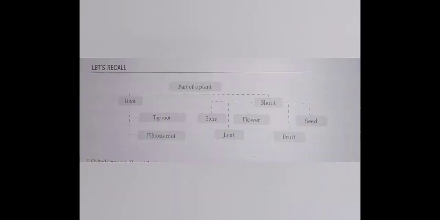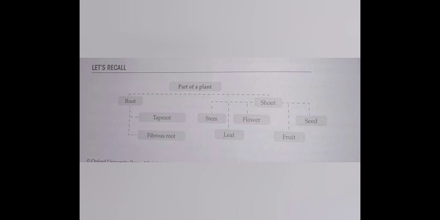Okay. Then the next is page number 76. Let's recall map. So here you have the parts of a plant. The first is root: taproot, then fibrous root.